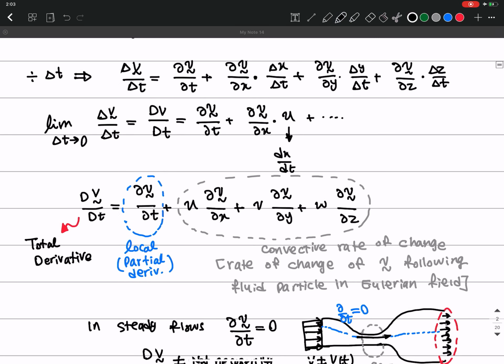Yeah, this one, you see it, right? This is dv over dt. So instead of v, the velocity vector here, just put rho, and you are going to get the same thing as we got before. So d rho dt is going to be exactly like this.